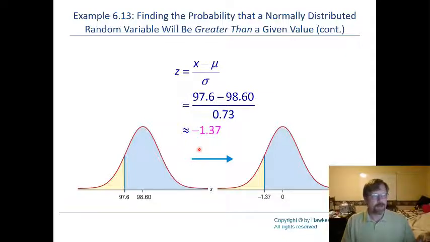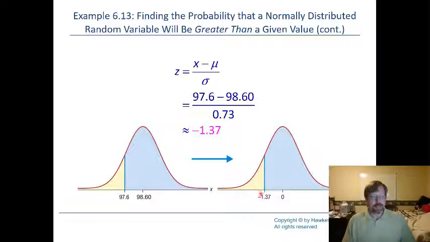Now we need to find the area to the right of that. Again, we can use the tables, the calculator, or Excel. Remember, for these problems where we're looking for something on the right, there's a couple ways to do it. We can remember that the area under this whole curve is 1, and so we can subtract off the area to the left, which is what we would get from the table, from 1.